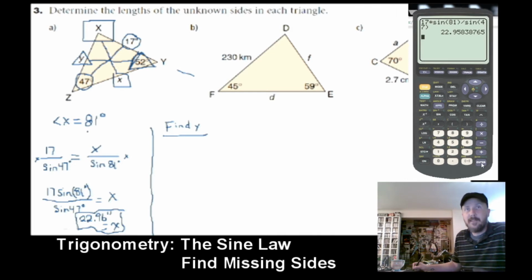But if we're on a test and we're not 100% sure that we've got it right, it's always better to go back to the stuff that the question gave you. So I know that 17 and sine 47 is right because the question gave me that. Okay? So now to find y, I've got a y, and I've got sine 52.